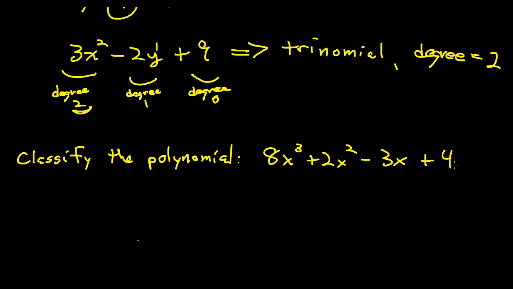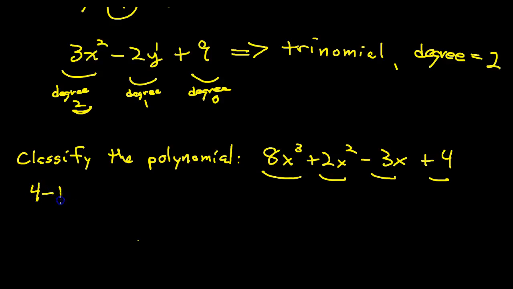Well, basically, it's telling me what kind of omial it is, monomial, binomial, trinomial, or whatever, and what is its degree. Well, I've got 4 monomials being added here, 4 terms, where a term is a piece of a sum. All right, so after trinomial, we really don't give it special names.